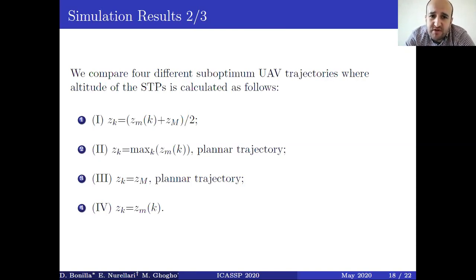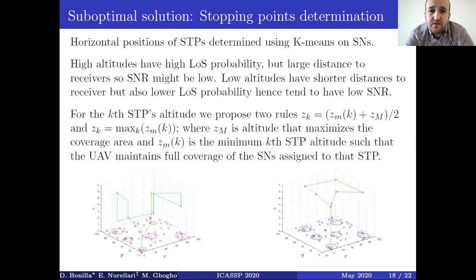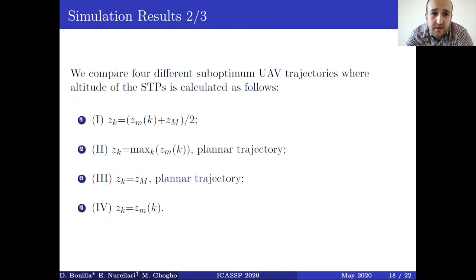We compare 4 different suboptimum trajectories, where the altitude of the stopping points, as you remember from the previous slides, will really define how much energy consumption is required and what is optimum in terms of energy efficiency. So those are the Z_k, 4 different scenarios that we'll plot and compare.